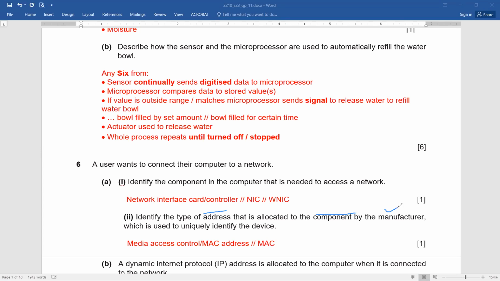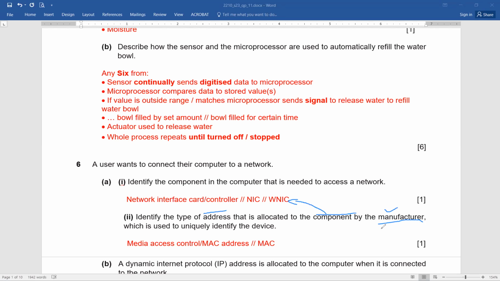Now, by the manufacturer, from here you can get the hint. If anyone is not able to recall, definitely you can see the type of address that is allocated to this component by the manufacturer. So what is assigned by the manufacturer? Then definitely that is MAC address.